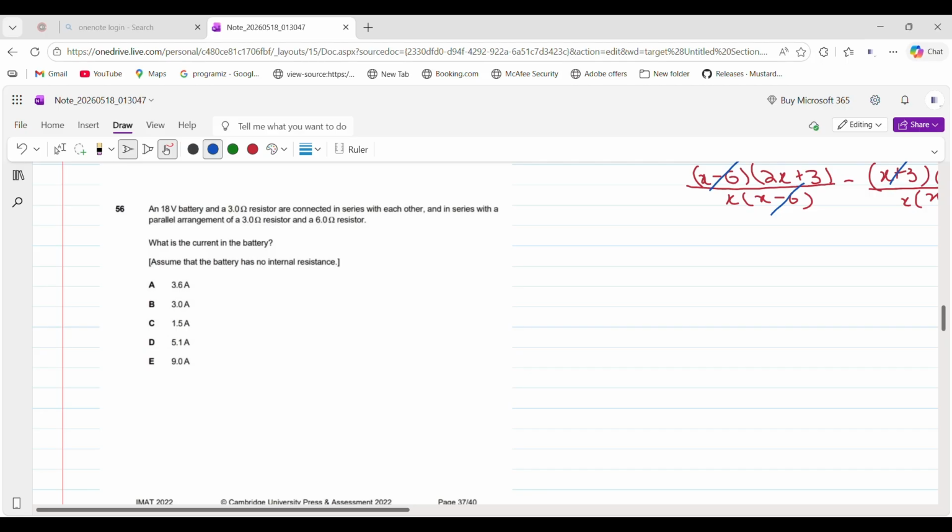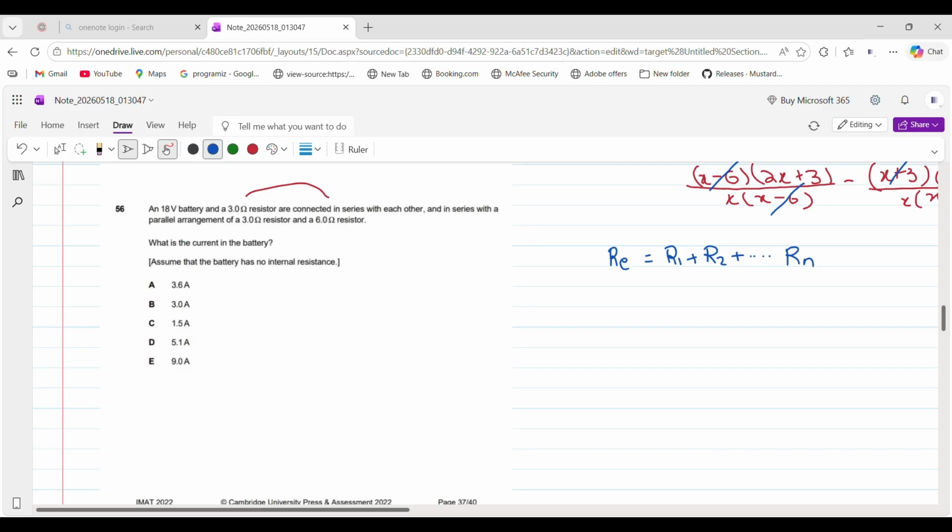An 18-volt battery and a 3-ohm resistor are connected in series. Okay, these both are connected in series. And in the very first video of physics, we cleared our concept about series and parallel resistors, right? If I write the formula for series resistors, it was basically resistor 1 plus resistor 2 plus so on.